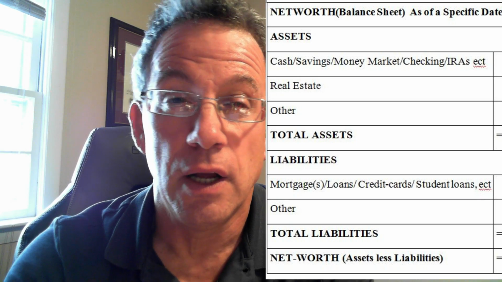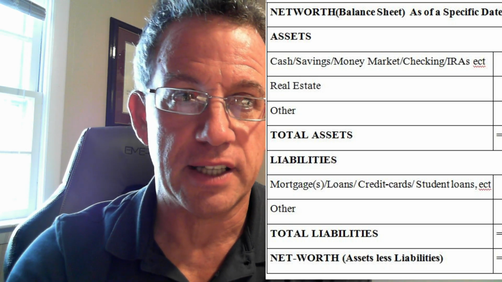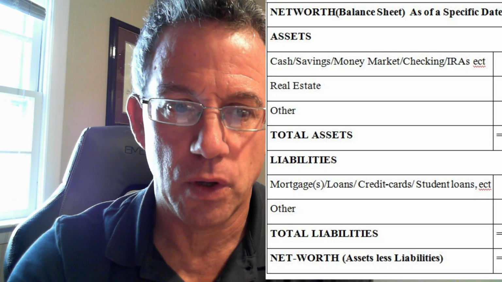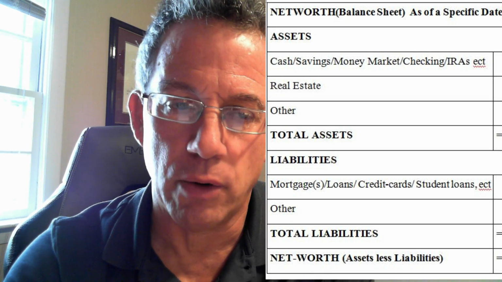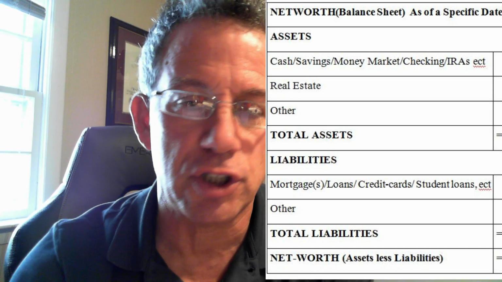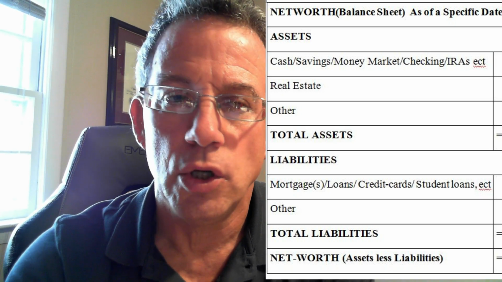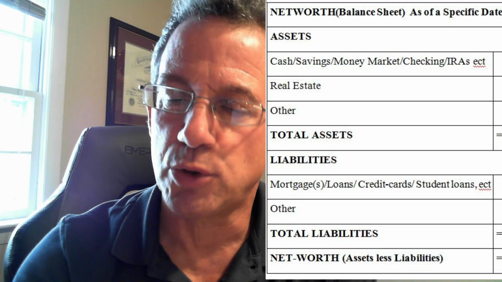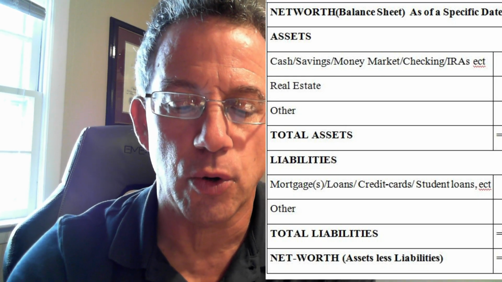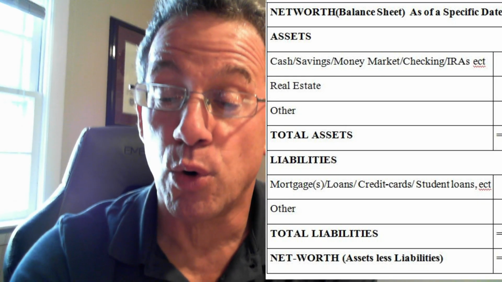A balance sheet is a statement of your assets at a specific date and time. They're often done year end. They don't have to be, you could do a balance sheet on today's date. It's a static time. It's a specific time. You take all your assets, you subtract all your liabilities, you're left with your net worth. That's important for banks. That's important for your own personal well-being.